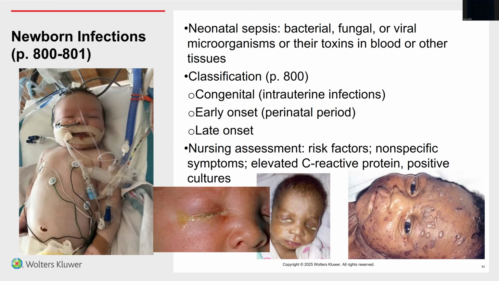They have clinical manifestations of irritability, temperature instability, poor feeding, lethargy, poor muscle tone, decreased movement, seizures, respiratory distress, cyanosis, tachy or bradycardia, vomiting, diarrhea, abdominal distension, jaundice, rash, petechiae, and late signs of sepsis include poor perfusion and hypotension.